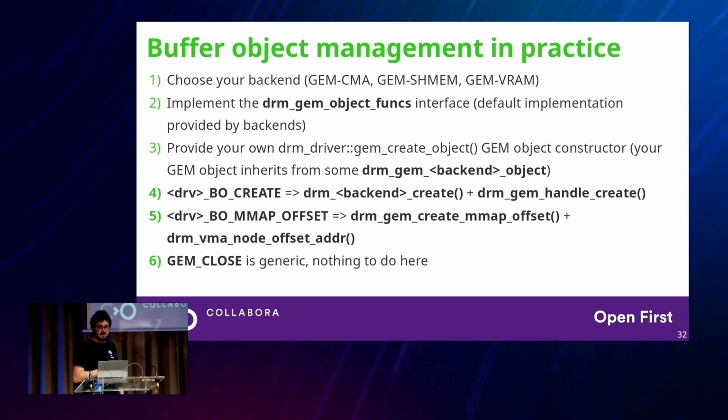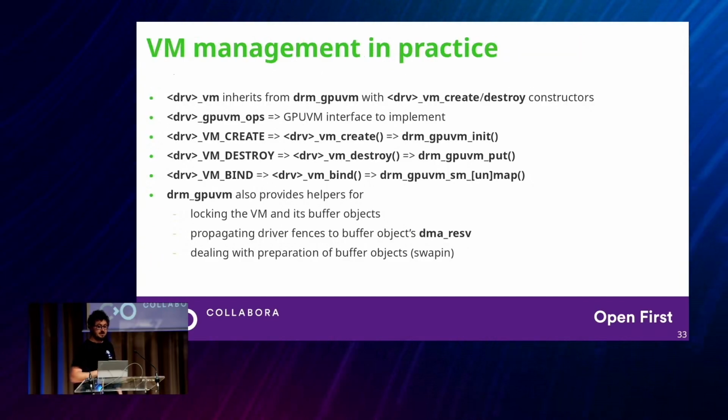Then you should provide your own create object function, which is the constructor of the driver-specific object that you want to expose. And then all the IOCTLs we've seen so far are just wrappers around those functions. GEM close is already there, so you don't have to implement anything.